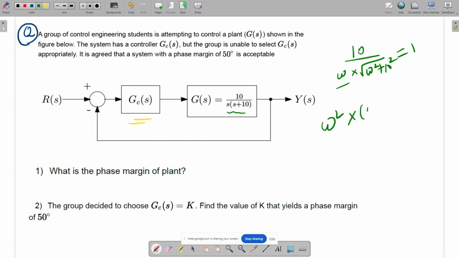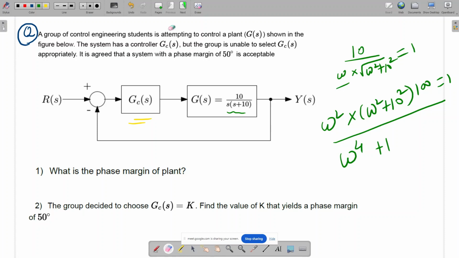Omega square into omega square plus 10 square is equal to 100. So omega to the power 4 plus 100 omega square minus 100 is equal to 0.